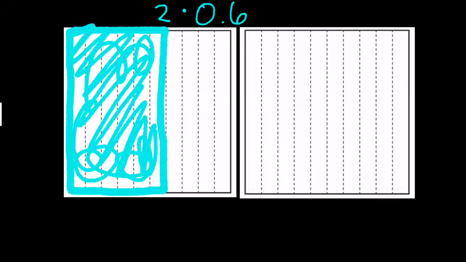We've got a second grid over here now, representing 2 wholes, but we don't need all of the second grid. We just need enough so that we can create our second group of 6/10. So let's do that. We've got 1, 2, 3, 4 tenths over here, and then I'm going to use 2 of these guys.